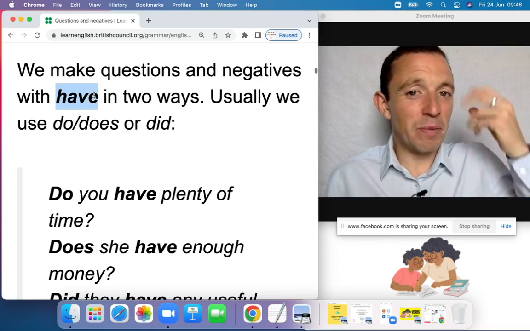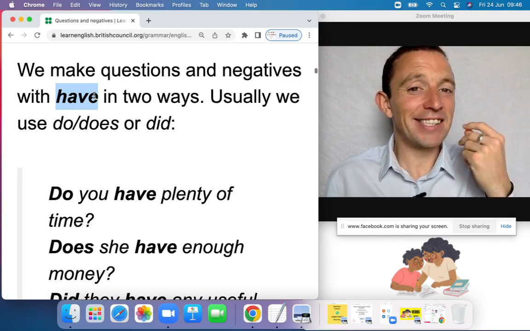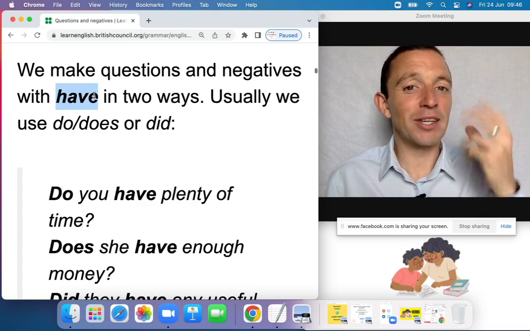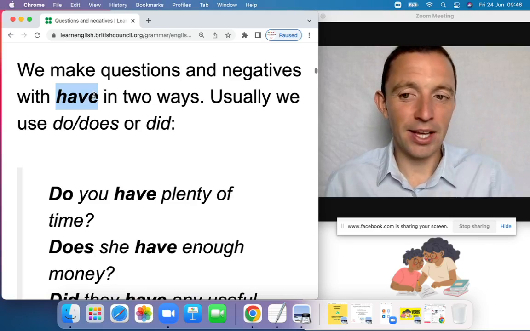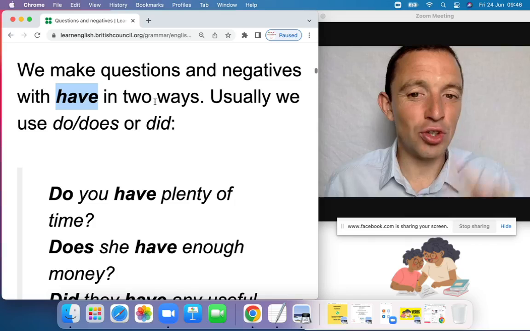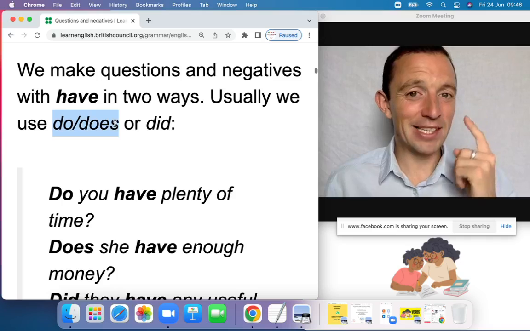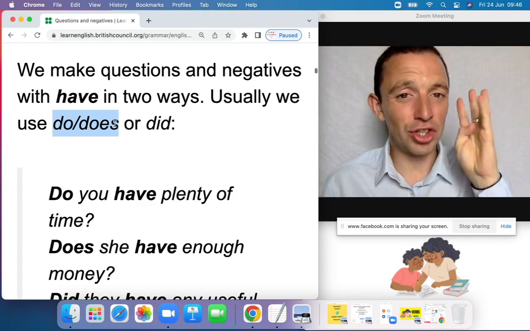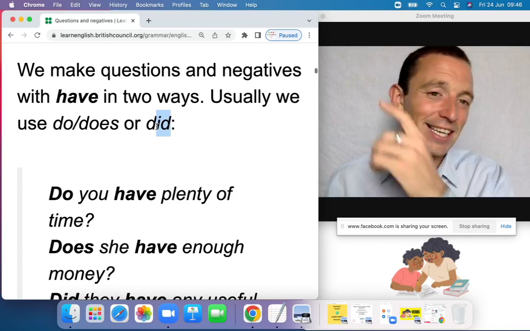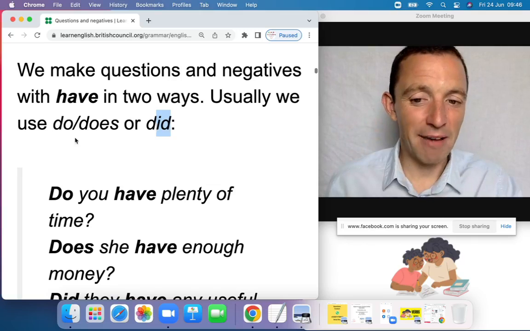So remember, the verb to be and the verb to have are exceptional when making the question and the negative. So now we speak about the verb to have in two different ways. Usually we use do or does because it's the present, I do, you do, he does, she does, or the past, did, for the verb to have.